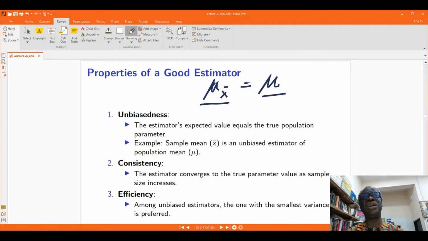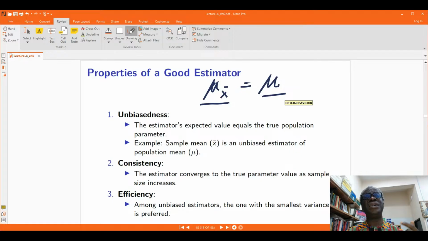And that's why when you are doing studies, you must always be careful of your sample size. You must always suspect your sample size. Small sample sizes may not give you a consistent estimate.